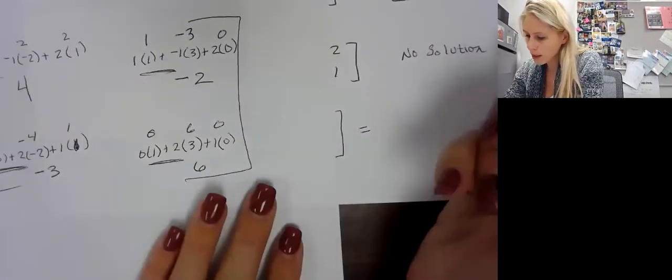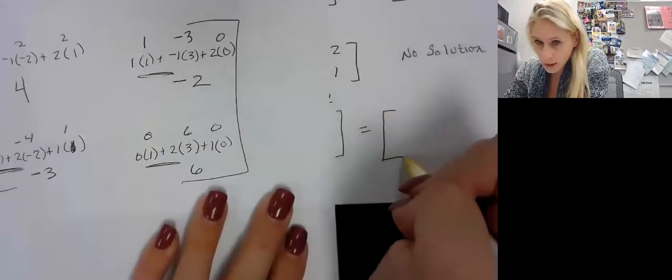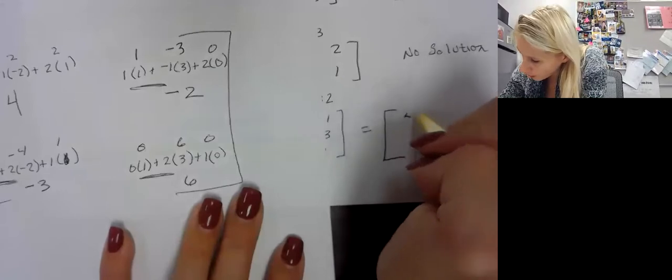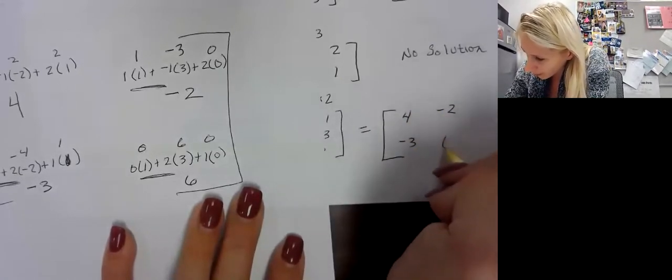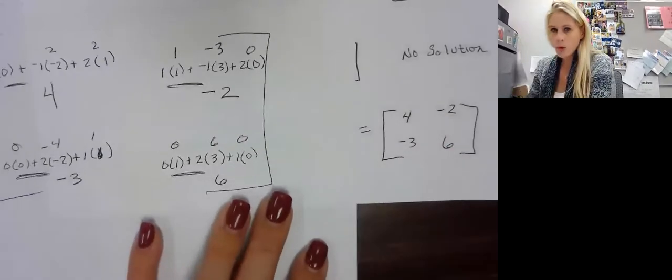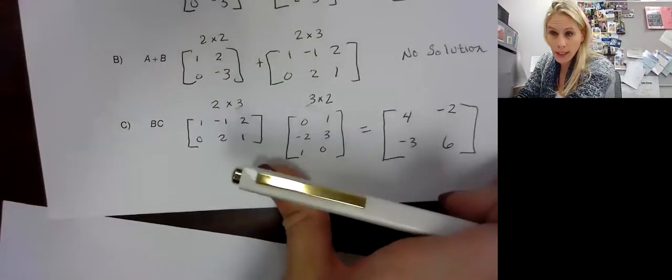I want to make sure I label my correct answer here. So I get 4, negative 2, negative 3, and 6. Woo! I know I did that kind of fast.